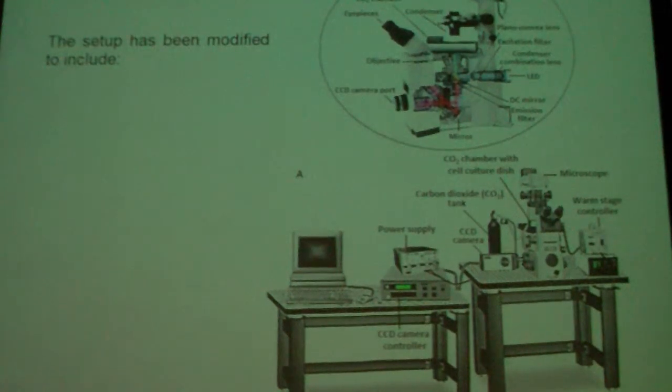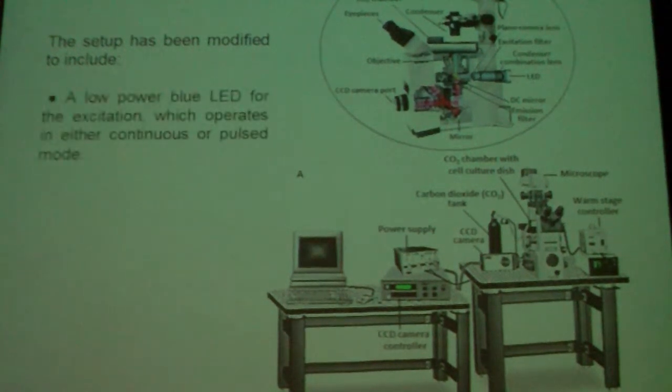The imaging setup we used is a fluorescence microscope. We changed the optics of the microscope and put a very low power LED in it for the excitation. The LED can be operated in continuous or pulse mode.